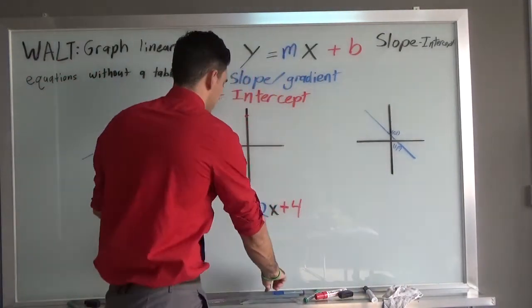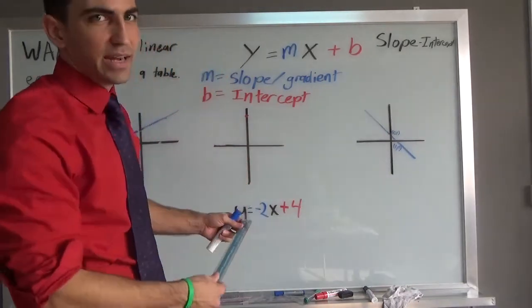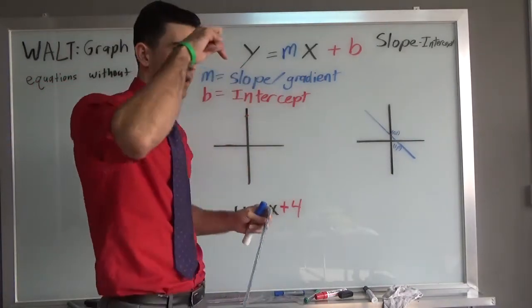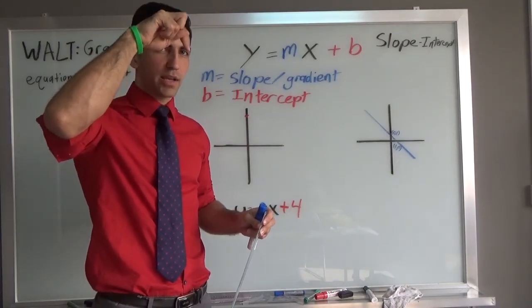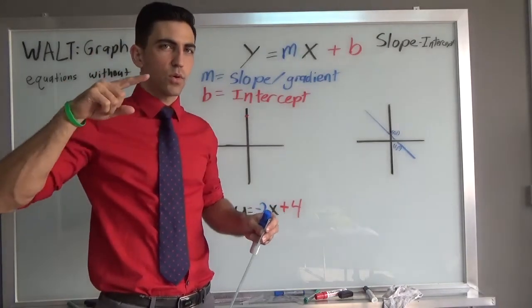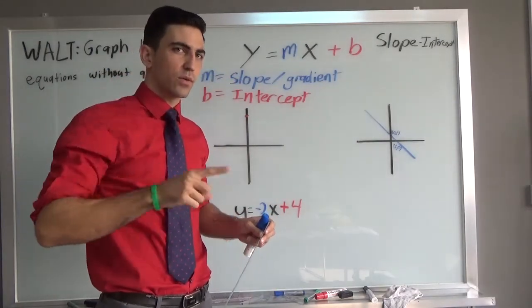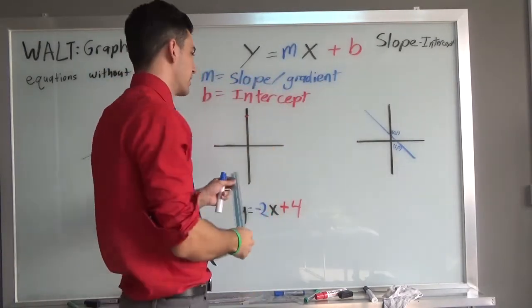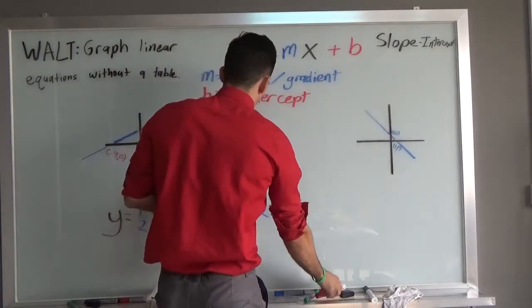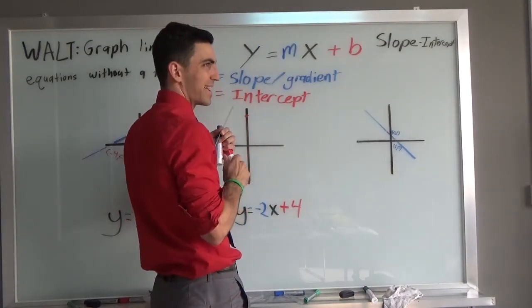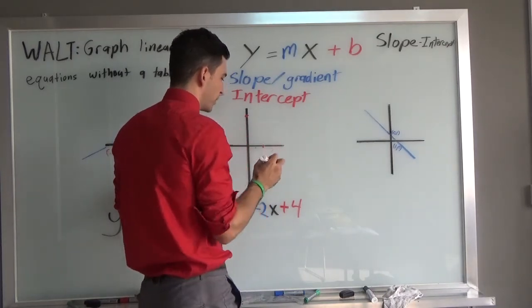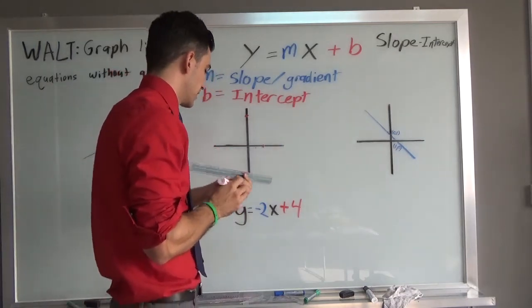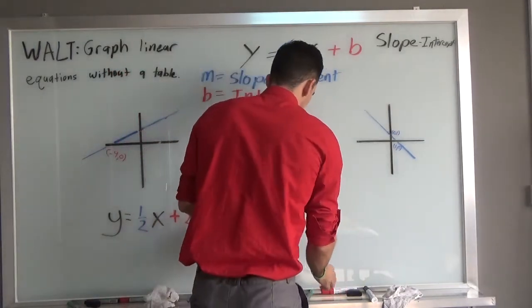And with a slope of -2, that means for every 1 that it goes to the right, it goes 2 down. Which means it's going to cross my x-axis at the point (2, 0). So I'm going to connect these.